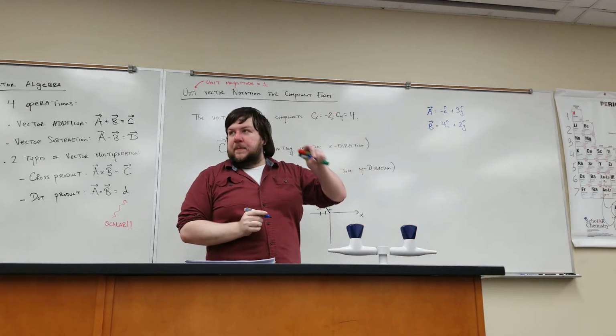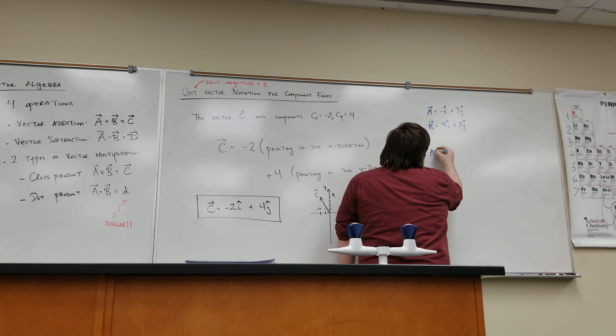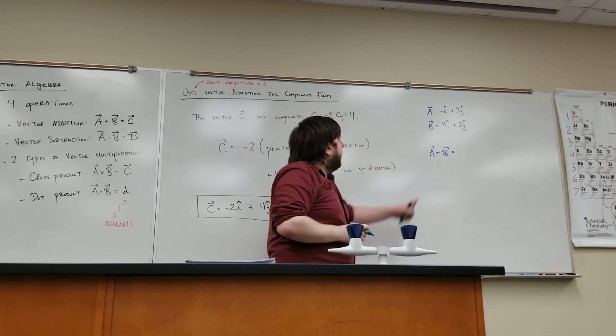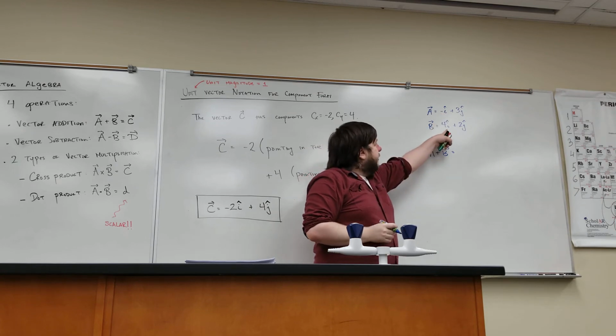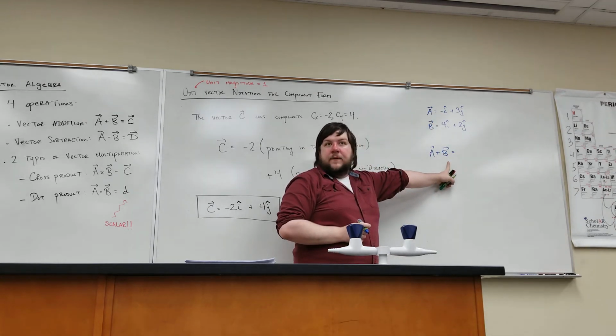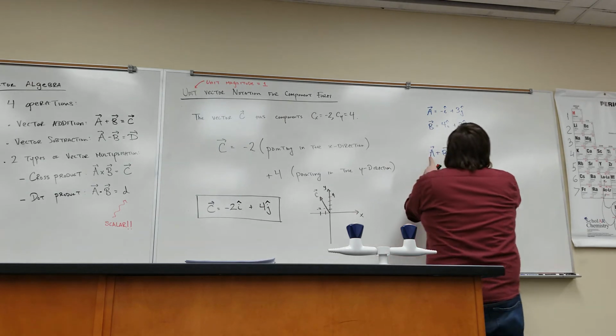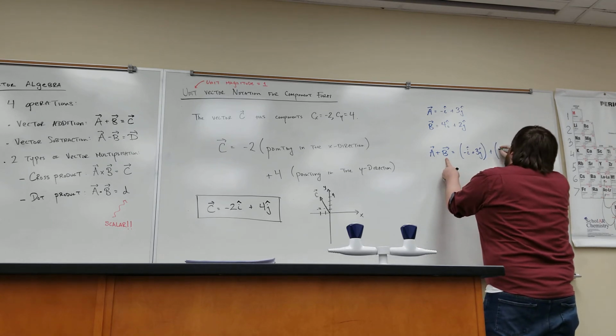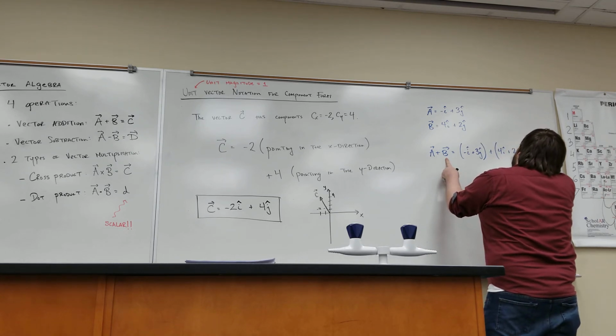What will A plus B look like? The first thing that we're going to do is plug in our vectors in component form for the symbols A and B. So A becomes -I plus 3j, and B becomes 4I plus 2j.